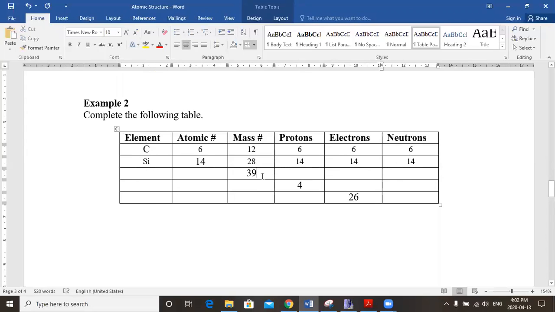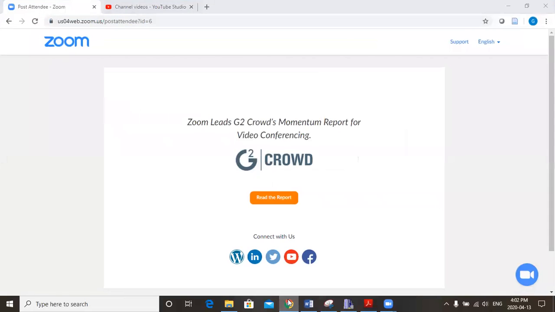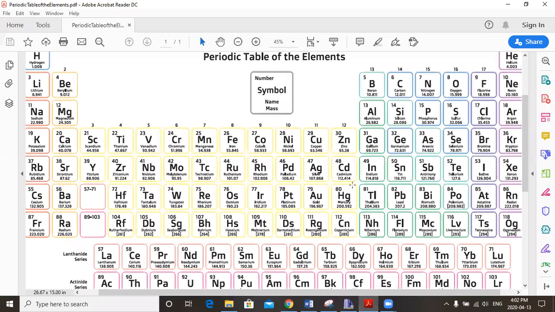All right, we might have to go digging a bit deeper for the mass number because we actually have to look and find it, but we're going to find the rounded mass number of 39. So we go to our table and we find our mass number of 39. So we have 28, we have 30, we have 32, we have 39.9, and we have 39.0. So it would be potassium, not argon. Interesting, argon rounds up to 40, and potassium rounds down to 39.